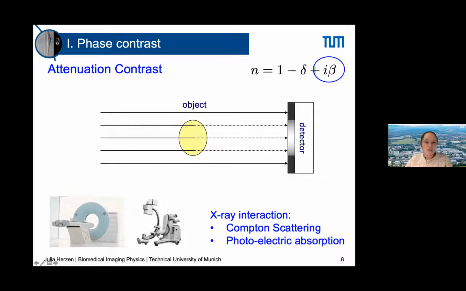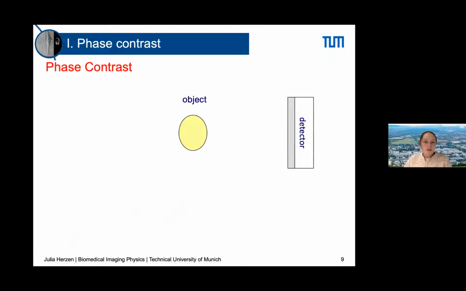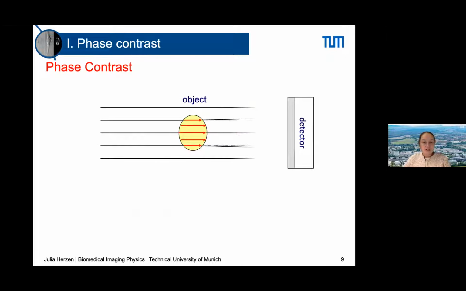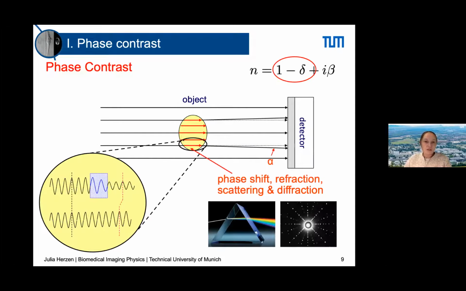So you have the Compton and the photoelectric effect, which I already mentioned, in the energy range which is interesting for the clinical and the biomedical applications. And for the phase contrast, it's the real part which causes these phase shifts. So your object is actually changing the direction of the propagation by a very tiny angle alpha here. And this is then the phase shift, which needs to be detected.